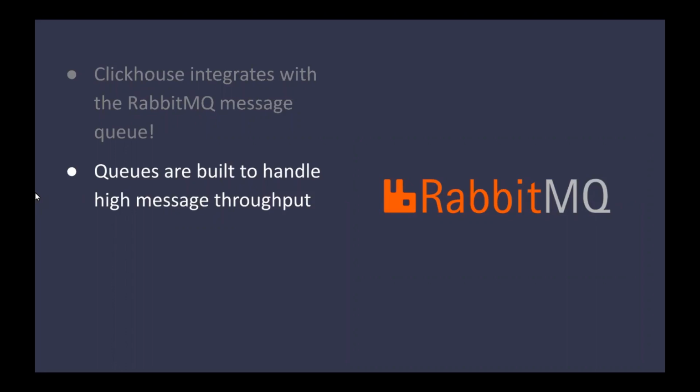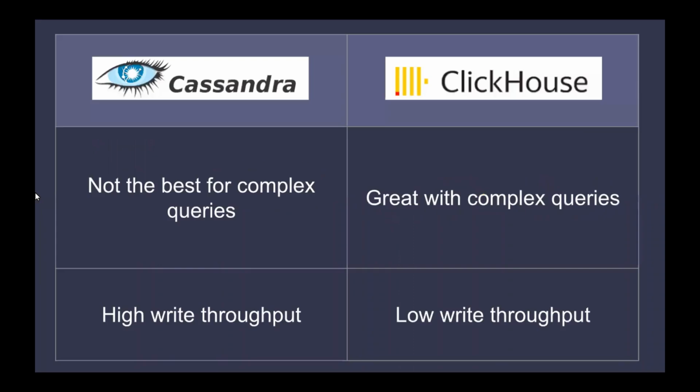Message queues are components that are built to ingest data at tremendously high rates. Since ClickHouse integrated with the queue, we could send our fire hose of event data to the queue instead of directly to the database. The queue would be able to handle the high volume of data, and it would come to rest in ClickHouse without any issues.